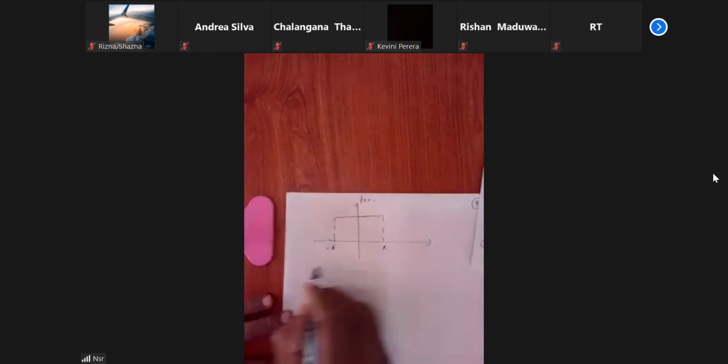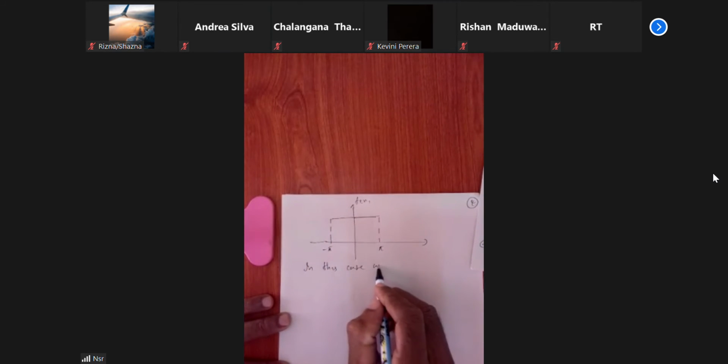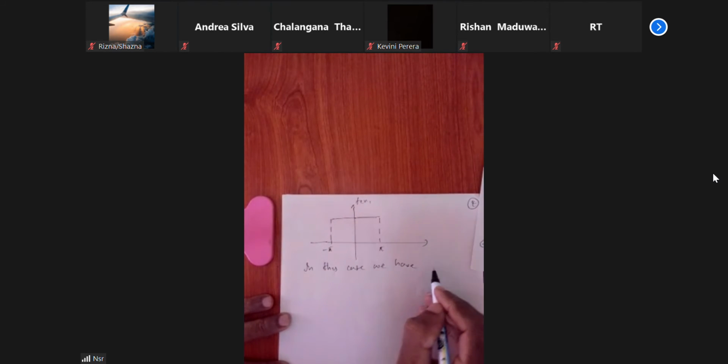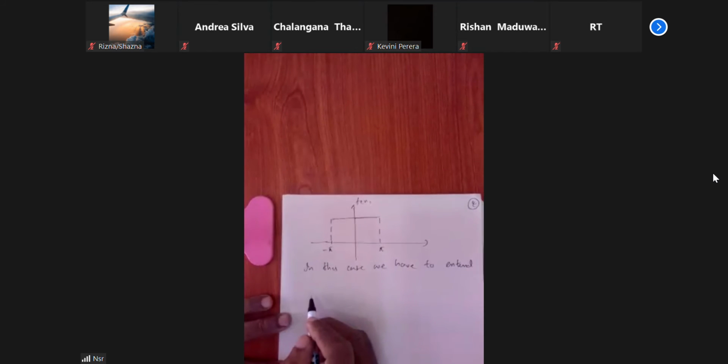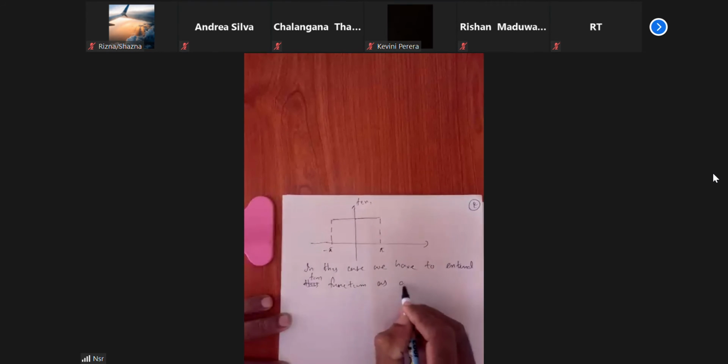In this case, we have to extend this function f(x) as an even function.